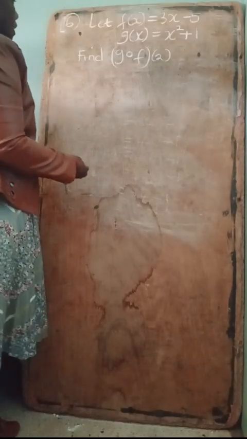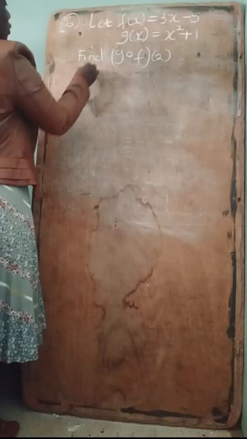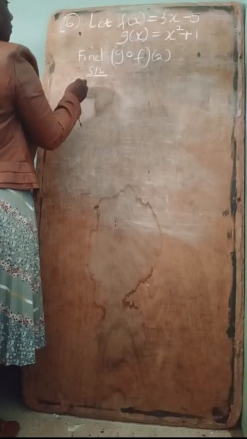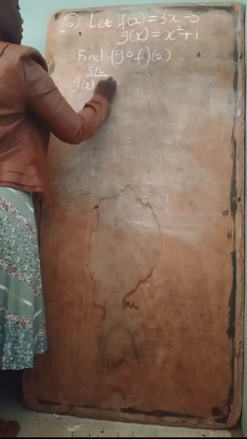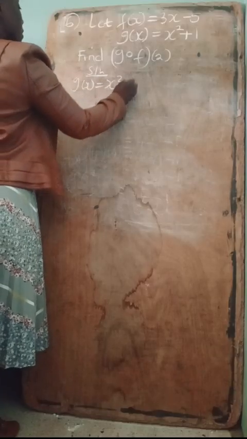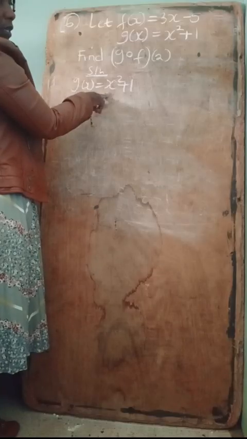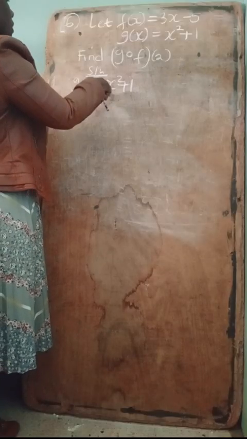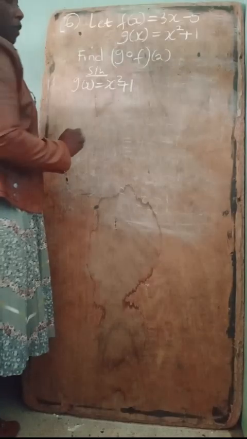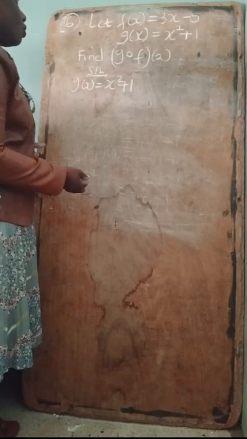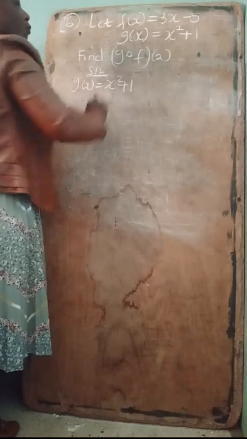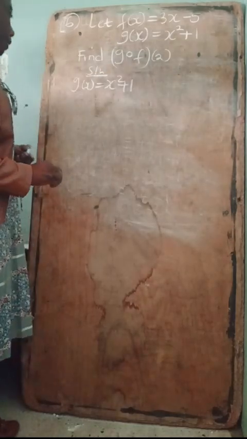So in the function of g of x, g of x is equal to x squared plus 1. So in this function, where there's x here, we are putting the function of f. So we are making a composite function first before we replace a number.